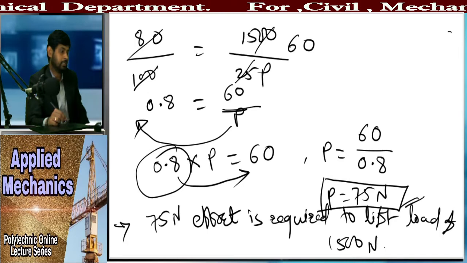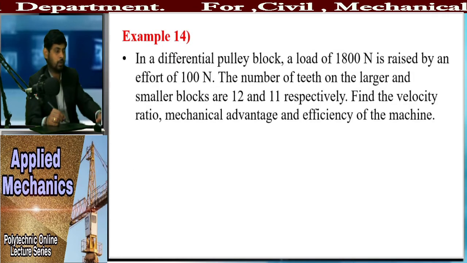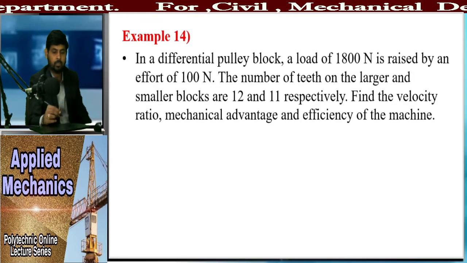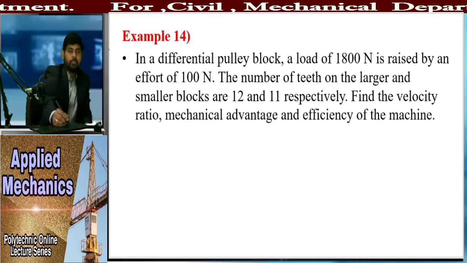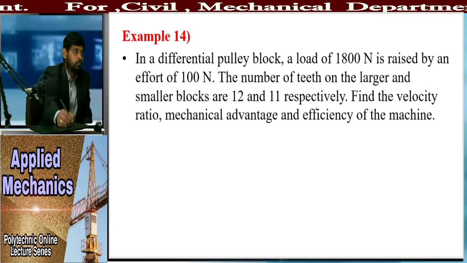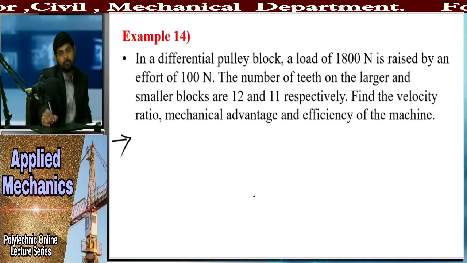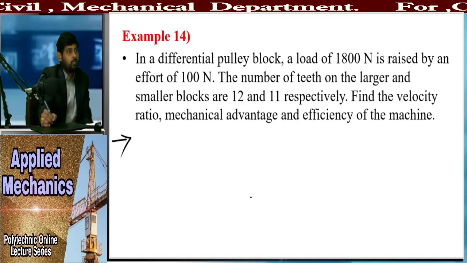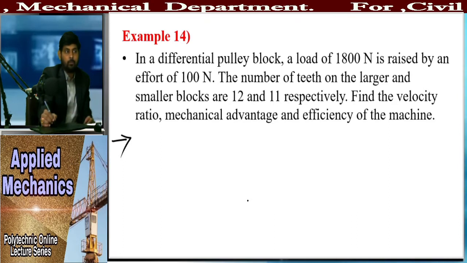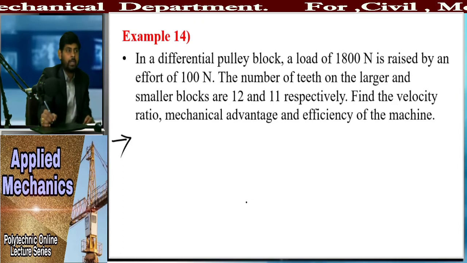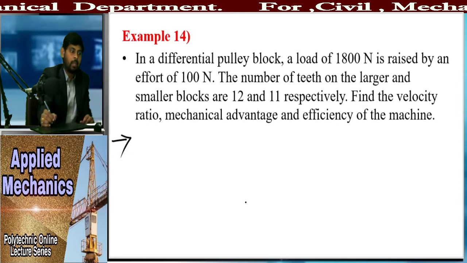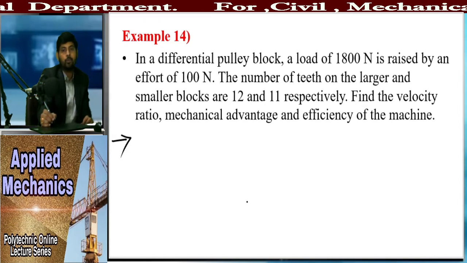So let's see another numerical based on it, which is a little bit different from the previous numerical. Read this problem. In a differential pulley block, a load of 1800 Newton is raised by an effort of 100 Newton.